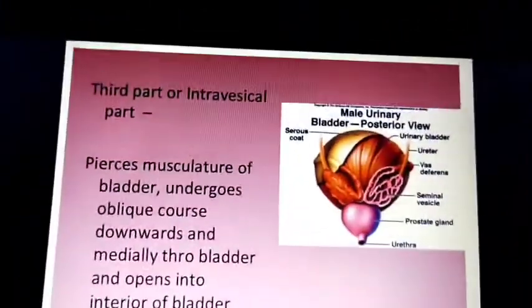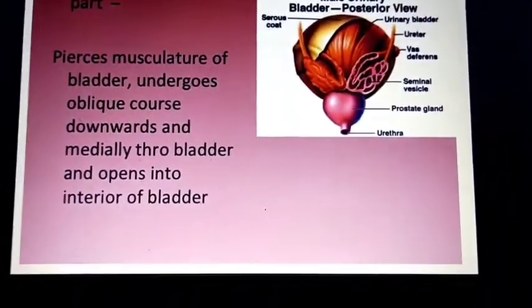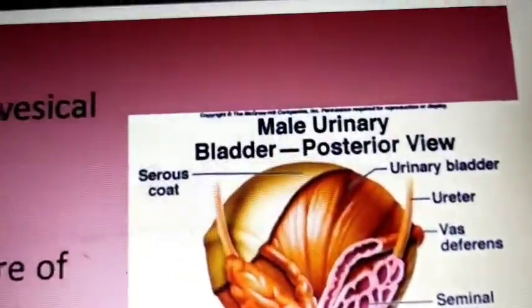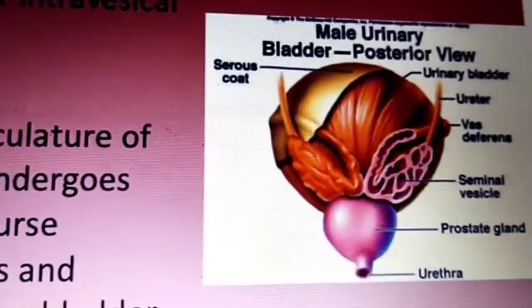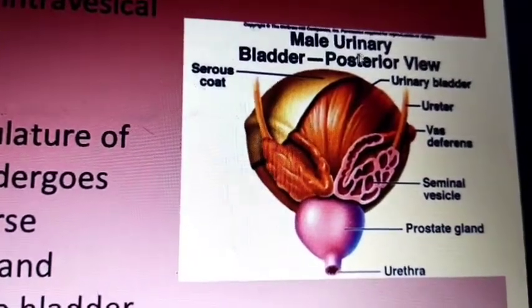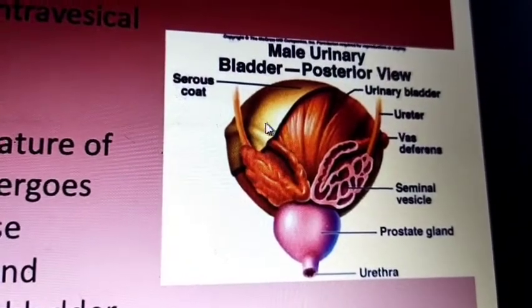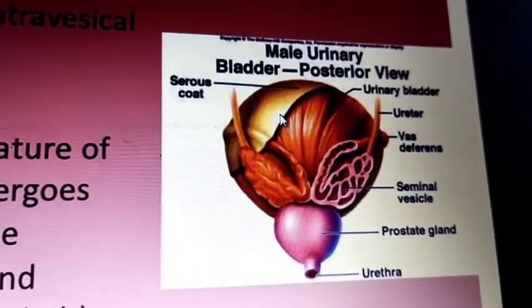Now the third part is also called the intramural or intravesical part. You can see here the whole thing is the bladder, and this is the intravesical part. Vesical means bladder.